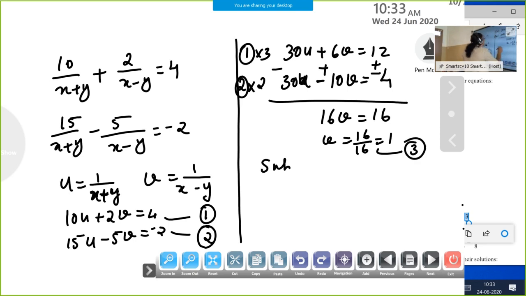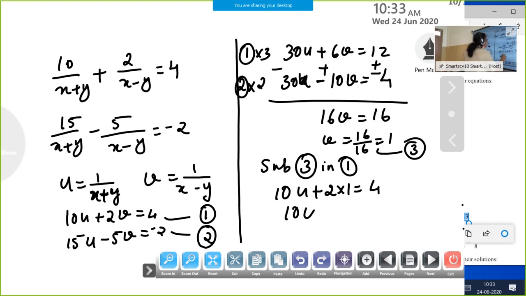Substitute 3 in 1: 10u plus 2 into 1 is equal to 4. That means 10u is equal to 4 minus 2, 2. U is equal to 2 by 10, that is equal to 1 by 5.